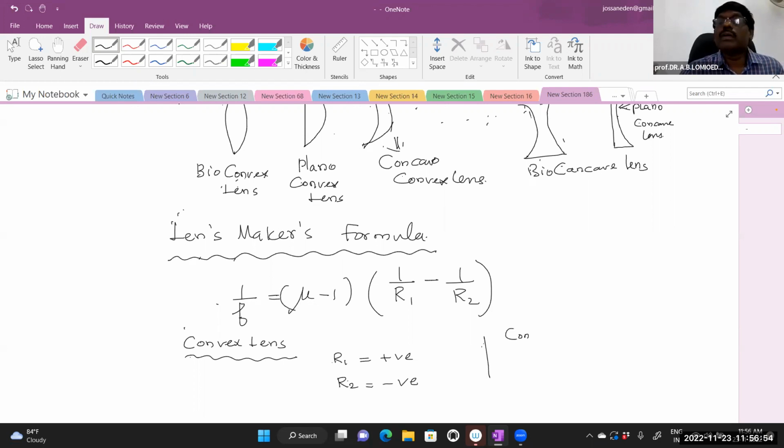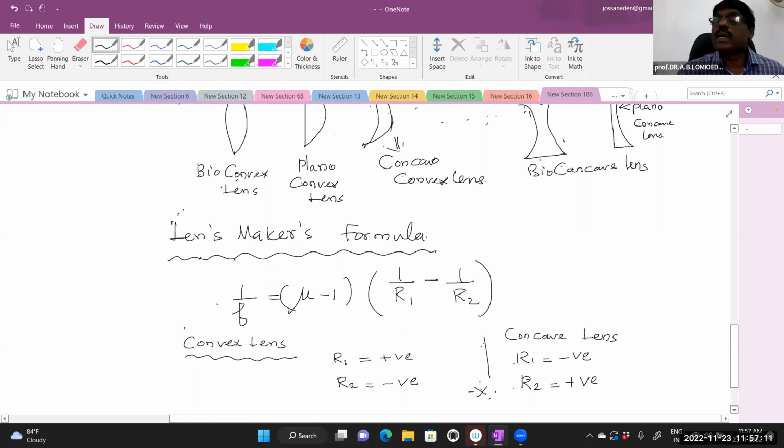For concave lenses, R1 is considered as negative and R2 is considered as positive. These are the important sign conventions.